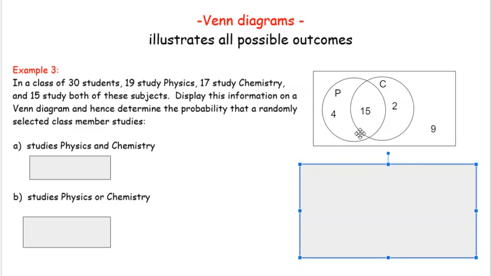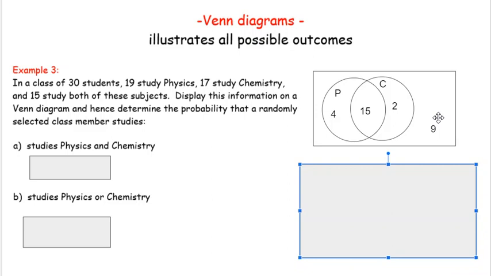And when we add these up, we got 21, which tells us there are 9 students out here in the universal set. The universal set is basically everyone. And those 9 students don't study physics or chemistry. Maybe they study biology, earth science, I don't know.